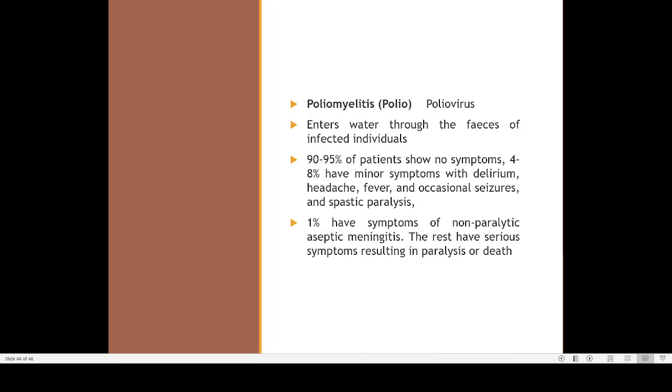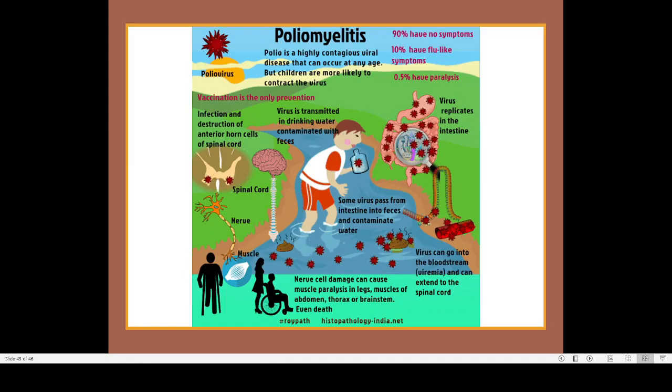Then spastic paralysis, and the person may be unconscious for some time. About 1% have symptoms of non-paralytic aseptic meningitis. The brain and neurons can be affected, and the rest have serious symptoms resulting in paralysis or death. So this is how polio can be a dangerous disease.